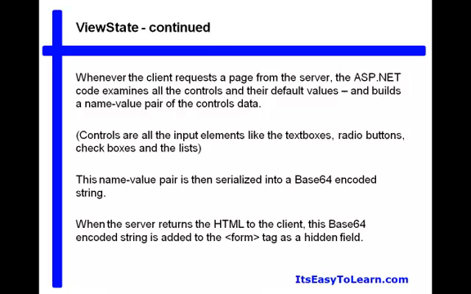Whenever the client requests a page from the server, for example, you said, I want default.aspx. What ASP.NET does is, it looks at all the controls defined in the markup for the ASPX file and the default values, and it builds a name value pair. The name value pair is then serialized into a base64 encoded string. Okay, and then the server returns the HTML to the browser with this base64 encoded string as a hidden field.